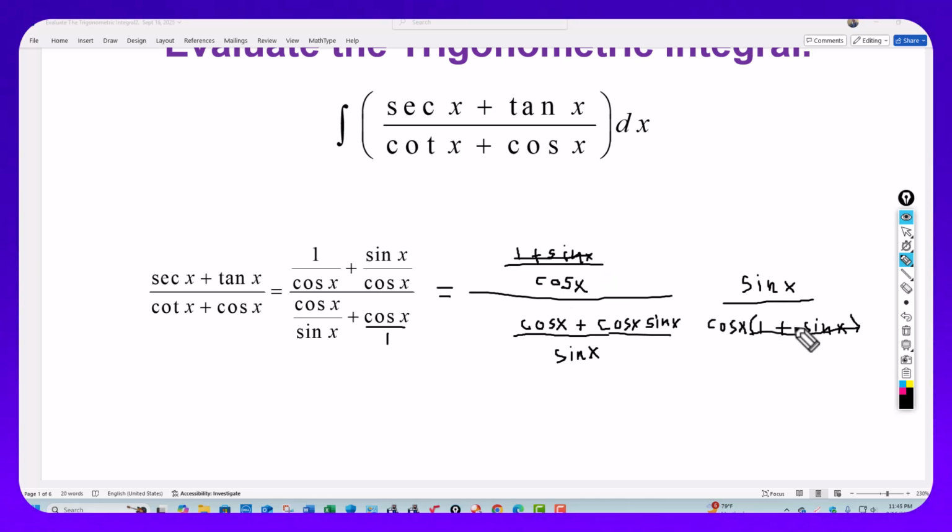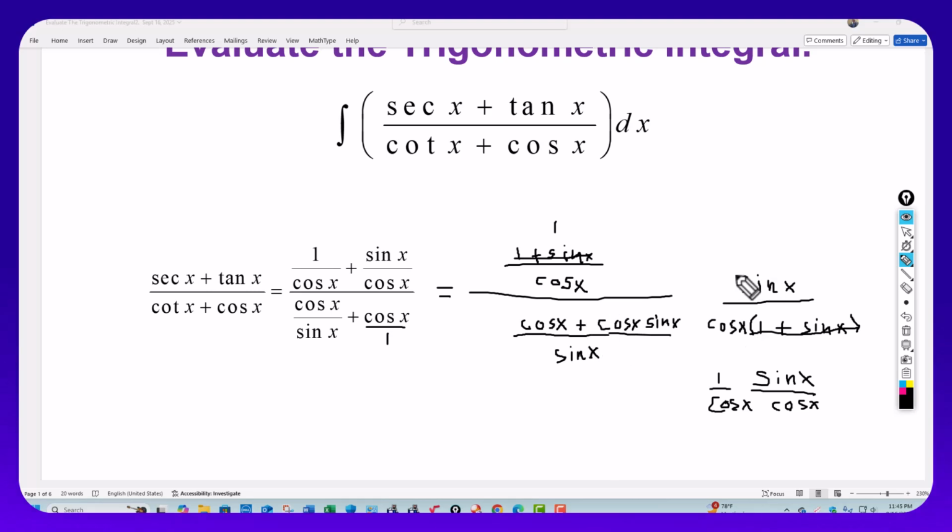This and this one divided out. So that left me with a sine of x on top. Then I got a cosine here, so let me put this one under the sine there. And then what I have left is a 1. Since this went to 1 because it divided this one out, I get 1 over cosine of x.